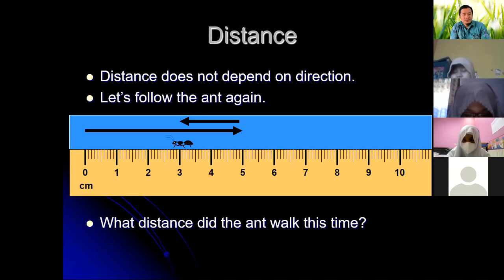From 0 to 5 and then to 3. The distance is?